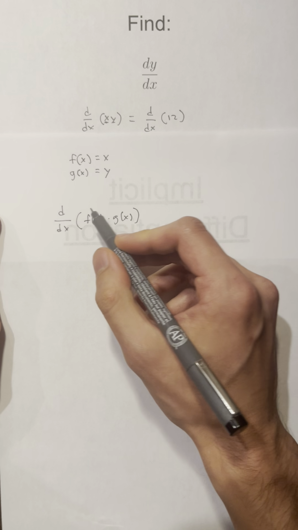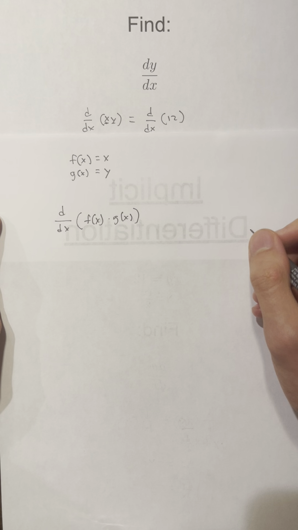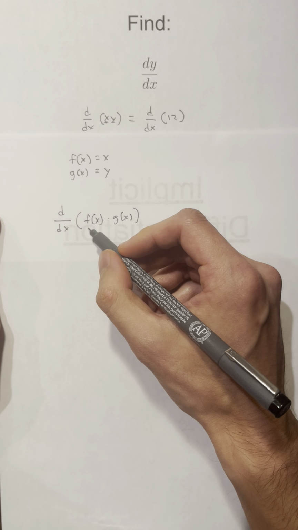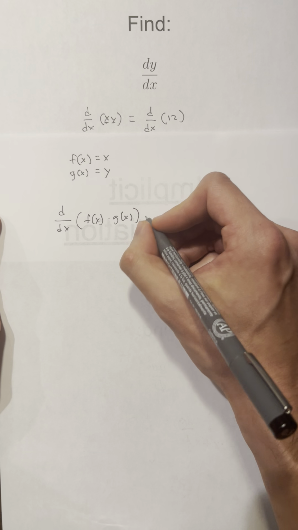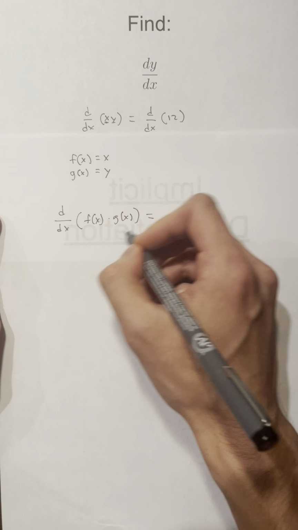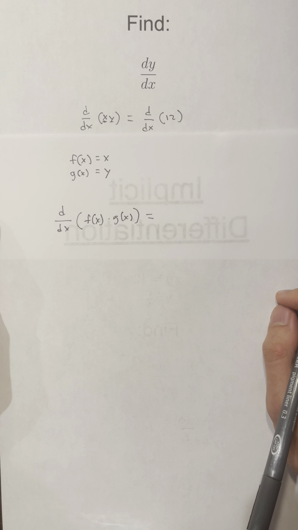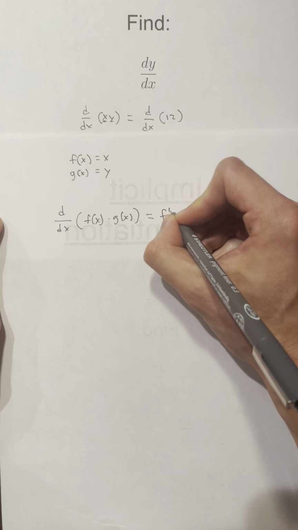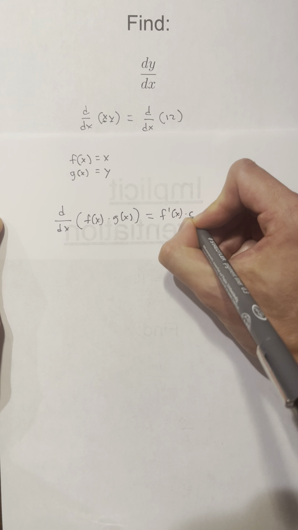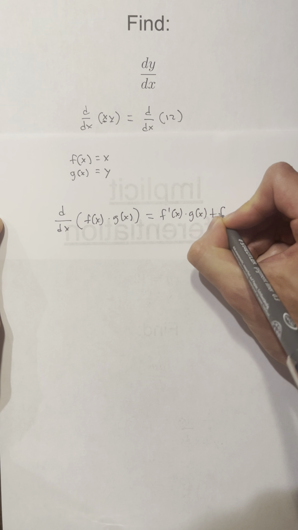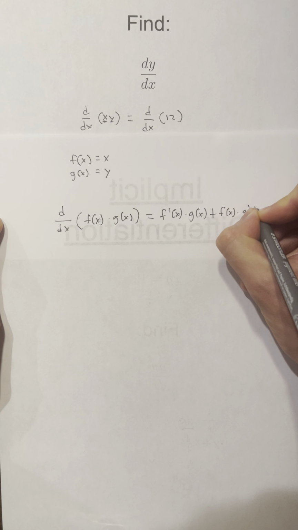Right? This is the same thing as this. Okay, so now we can apply product rule. What's this going to be equal to? It's going to be f prime of x times g of x plus f of x times g prime of x.